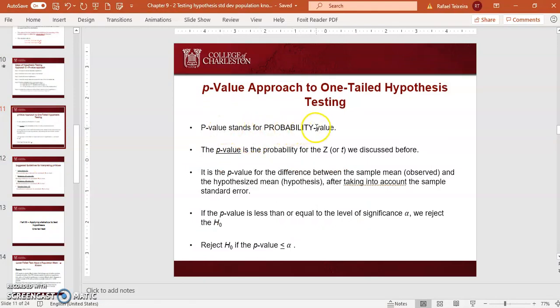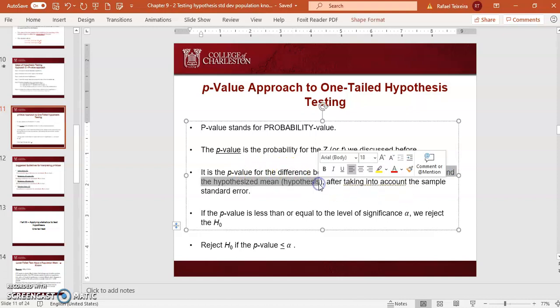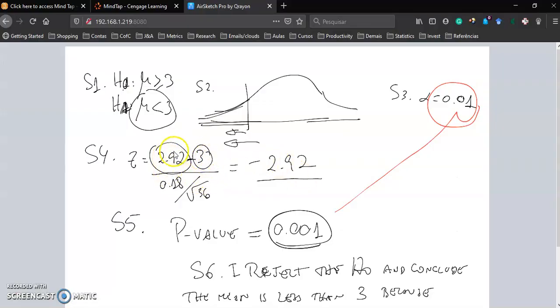P-value stands for the probability value of the z you found, the z statistic you found. It is the p-value for the difference between the sample mean and the hypothesized mean. This is comparing the sample with the hypothesis. Is it too different?